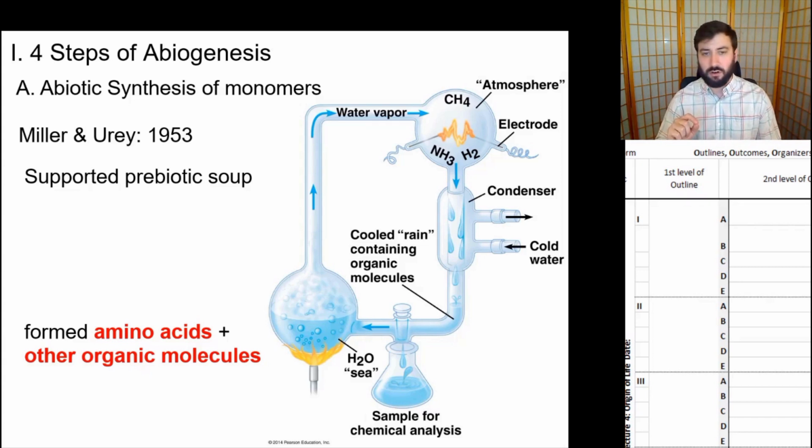That's, I think, the technical term, zapping. Then they condensed the water from that chamber back down into a liquid again. They sampled from that liquid, and lo and behold, they actually found some organic molecules, including amino acids.